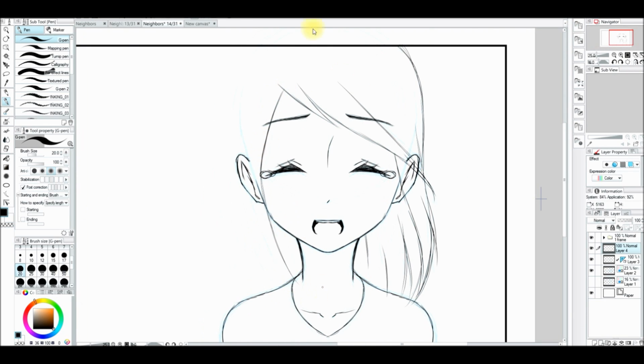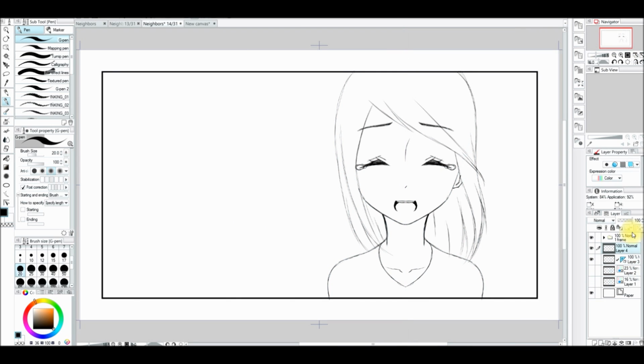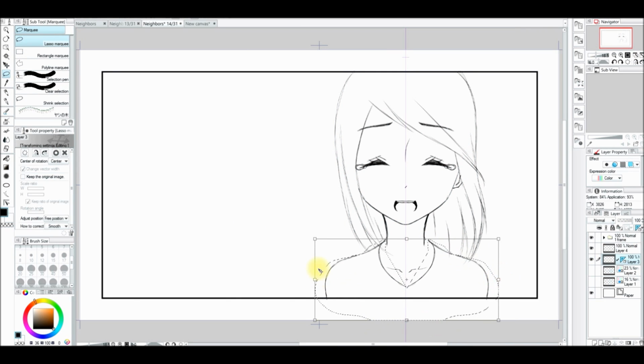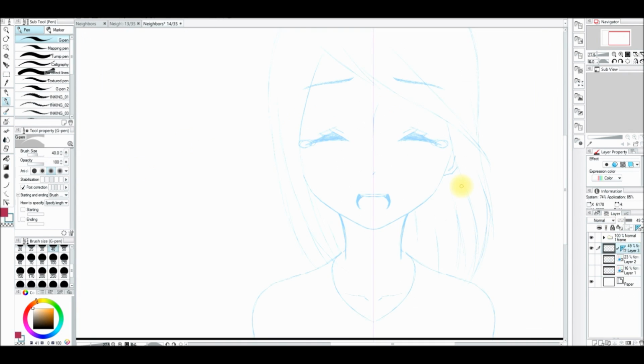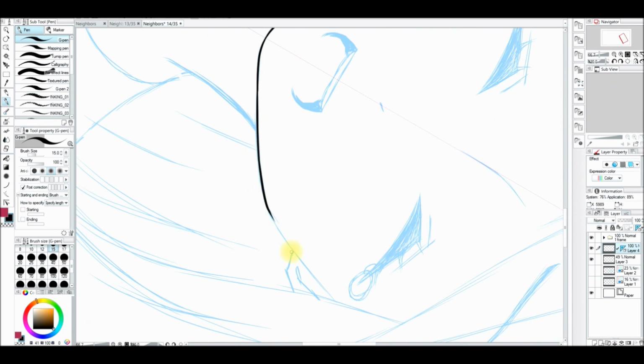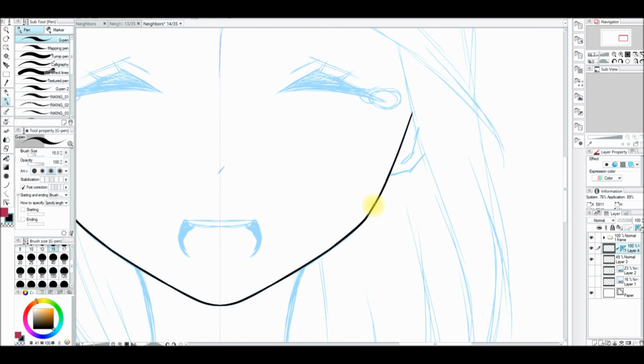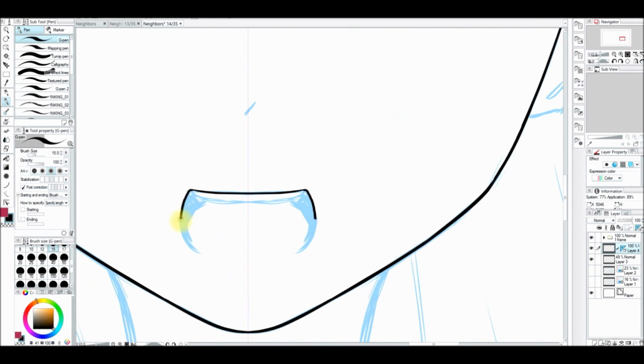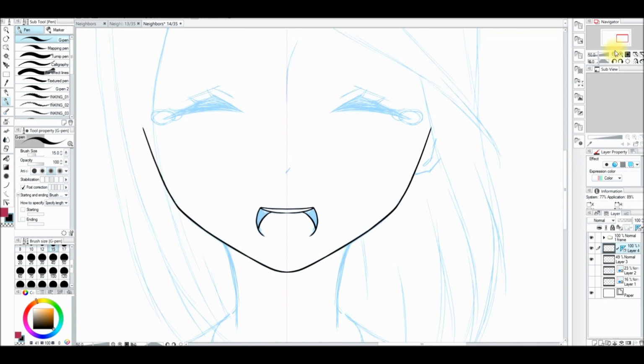You're deciding what you want your characters to say, you're planning out panels, you're deciding how you want to pace things, you're deciding just so many things all at once that it makes it really tricky. So I recommend creating a script because it makes the storyboarding process so much easier and it helps a lot.